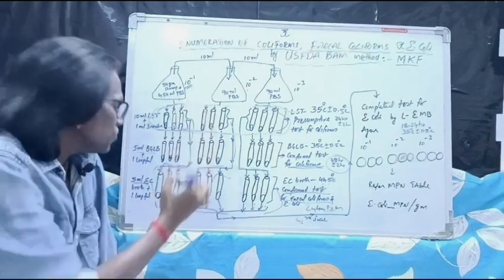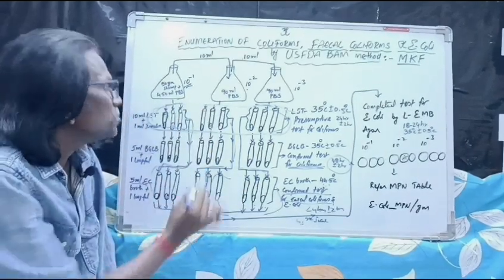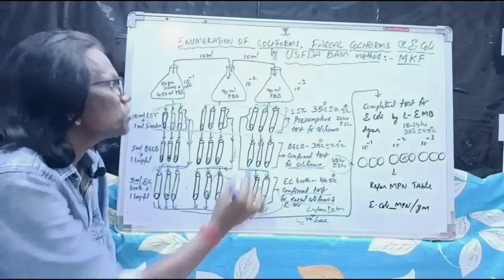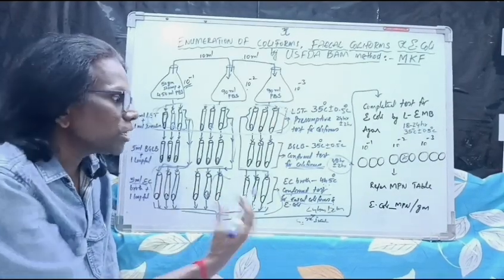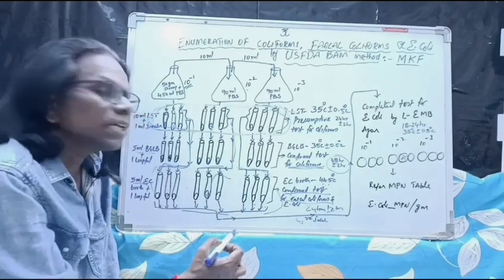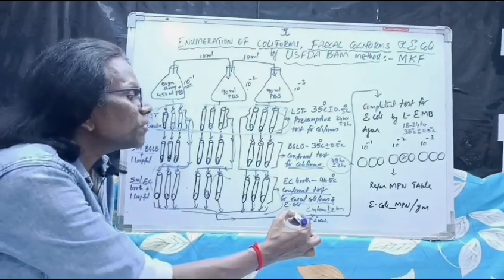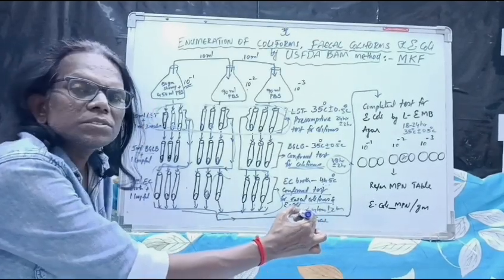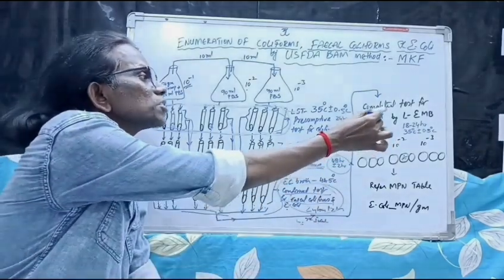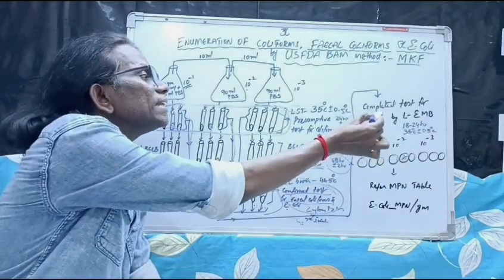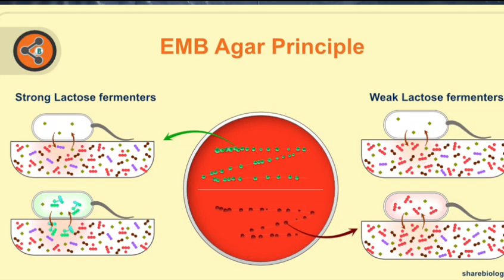For example, at 10 to the power of 1, one tube gets gas positive, at 10 to the power of 2, one tube gets gas positive, and at 10 to the power of 3, no tubes get gas positive, so no bubbles were observed in the Durham tube. Refer to the MPN table and express the results for fecal coliforms as MPN per gram.